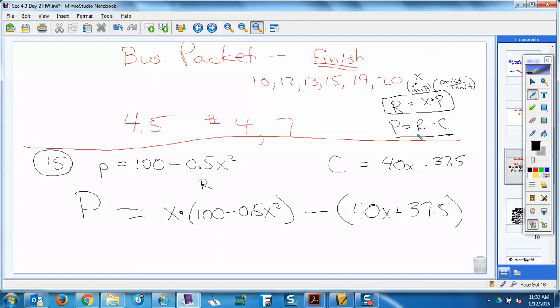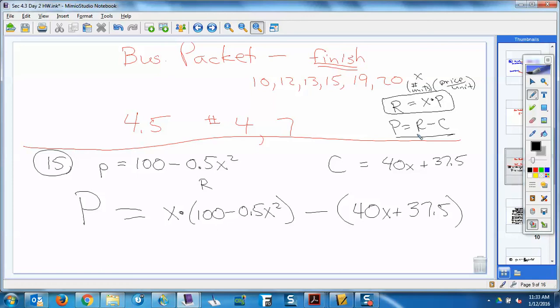So number of units times price per unit gives me revenue, minus cost. There you go, now I got my profit equation. Now we're to the red line. Now we can find our max profit. Now we're ready to find our list of candidates, do the derivative, set equals 0, on and on. Make sense?